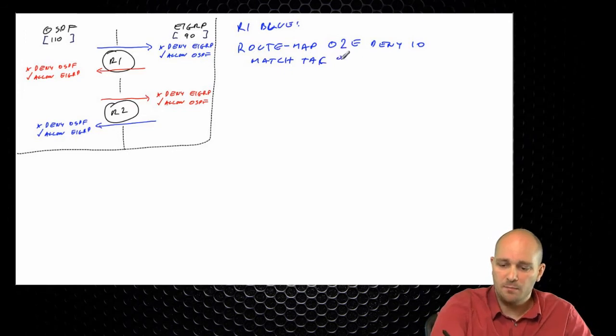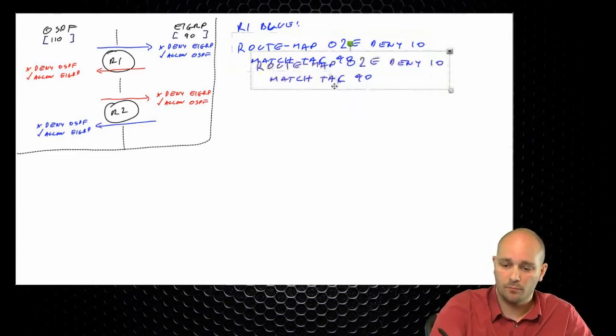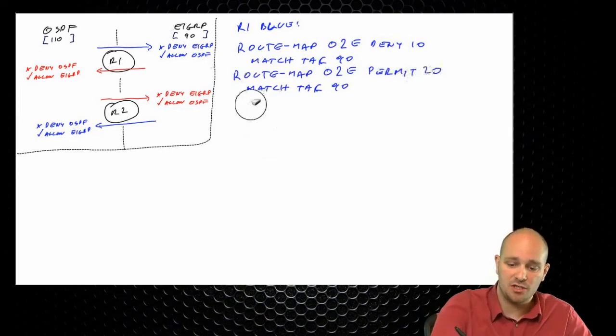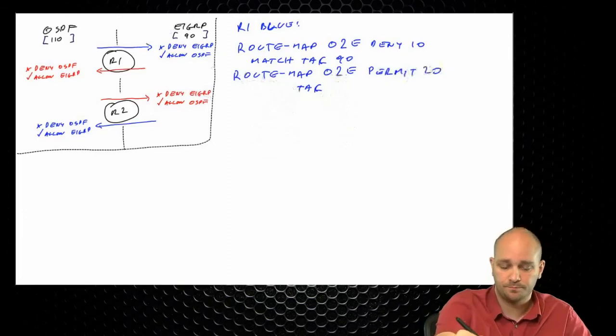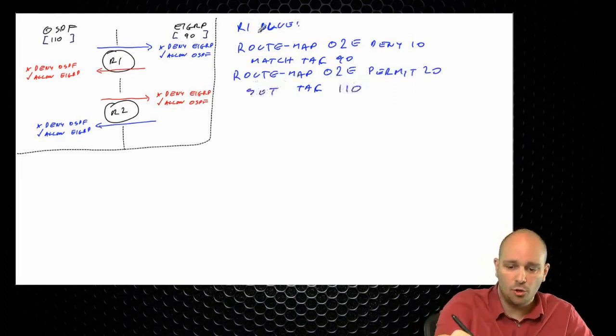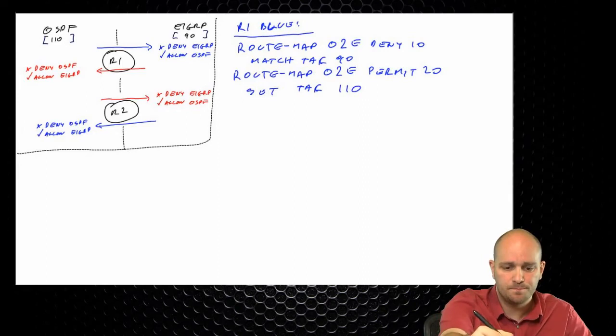I'm going to deny 90, and then I'm going to have pretty much this. So route map OSPF to EIGRP permit 20, and instead of match tag, I'm going to have set tag 110.